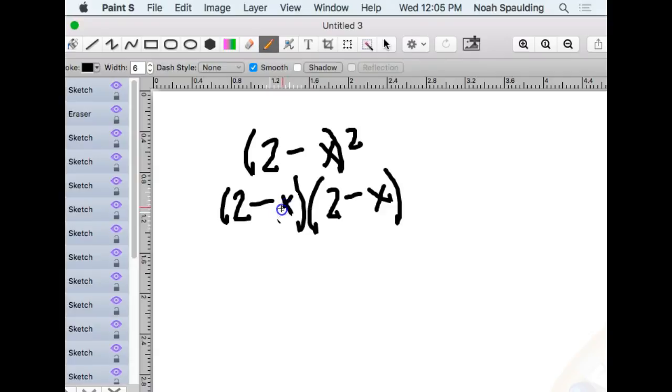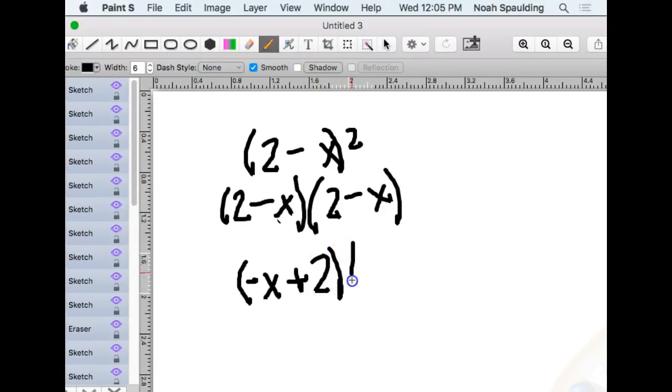Now this one, I don't like it because it has the 2 first. So a lot of times I'll rewrite these so that it has the variable first. When you rewrite it, you have to make sure that the negative goes with the right one, because right now the negative is with the x and it's a positive 2. So I rewrote it so it looks like this.